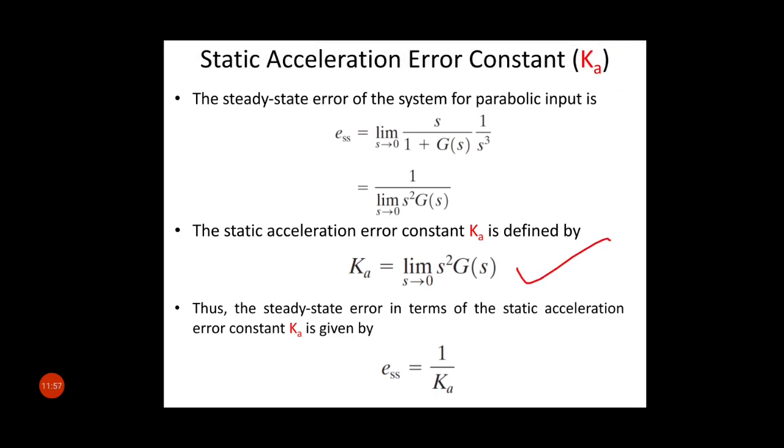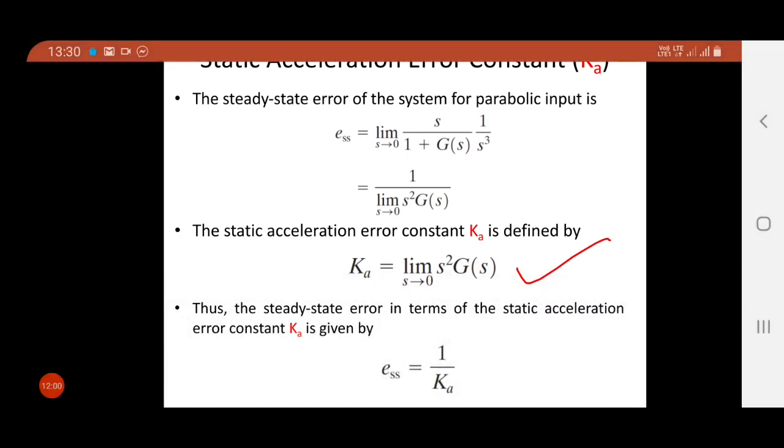So see, the steady state error of the system for parabolic input is ESS, and this ESS is equivalent to limit s tends to 0 s divided by 1 plus G(s), and here the input is parabolic, that's why here I multiply this term into 1 by s cube.